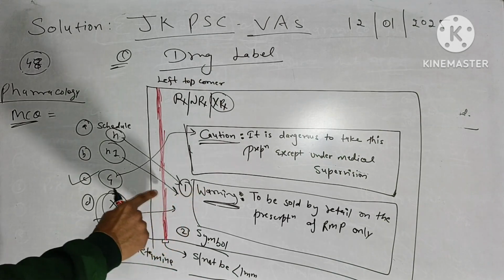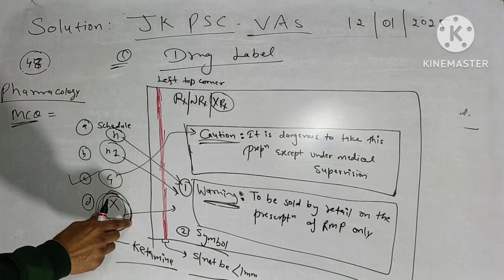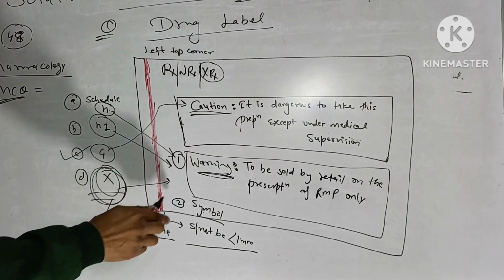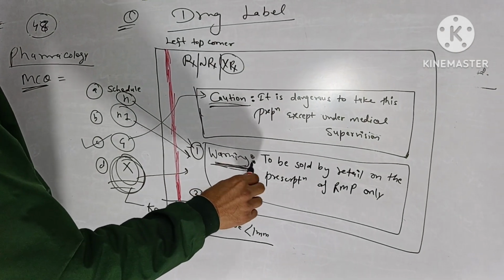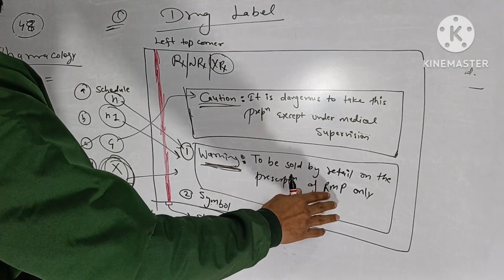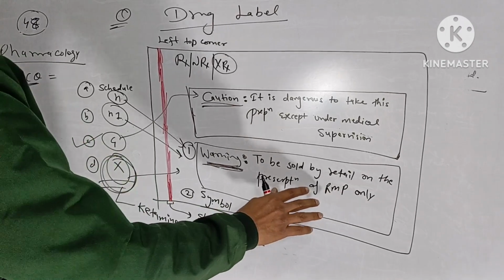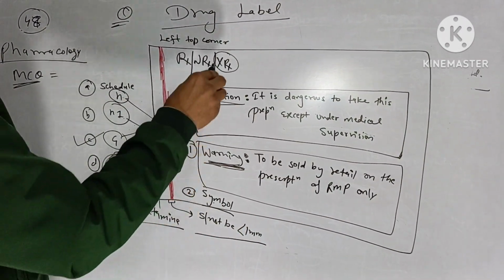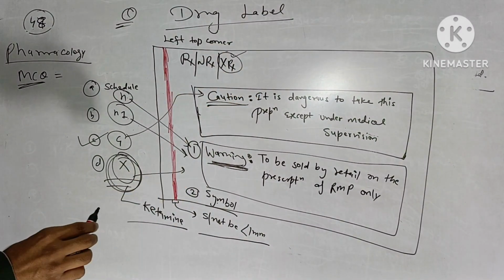So for a schedule X drug like ketamine, first there should be the warning that it is sold by a registered medical practitioner only, and second is the XRX symbol.